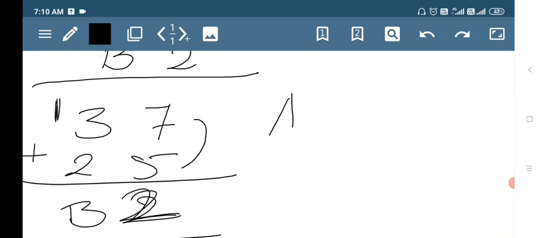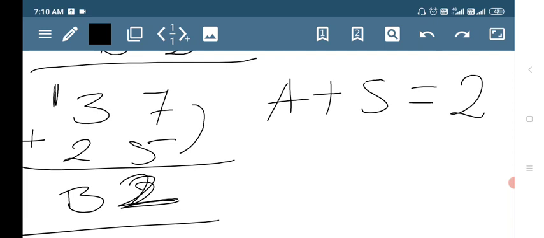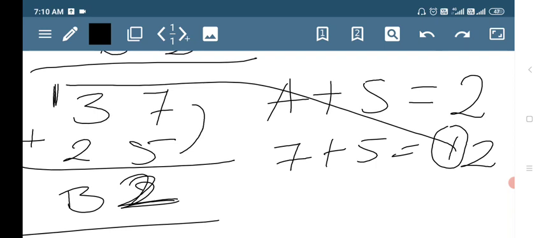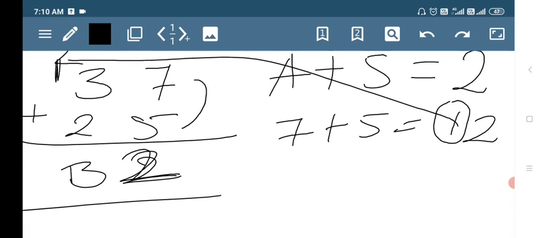See here, A plus 5 is equal to 2, it is given to us, right? So, it couldn't be like that, it will be 7 plus 5 is equal to 12, where the 1 is taken as carry to the next. So, we have 1 plus 3 plus 2 is equal to B, therefore, B is equal to 6.